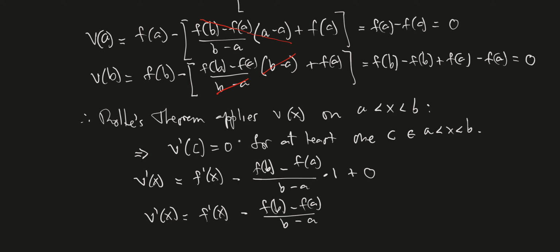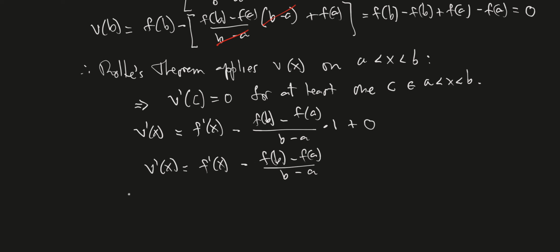So now let's apply Rolle's theorem. It says that there has to be at least one value c such that this derivative is equal to 0. So applying Rolle's theorem, what do we get?